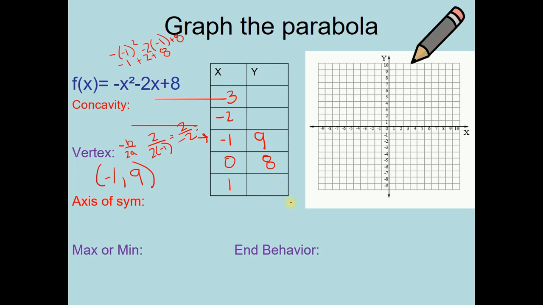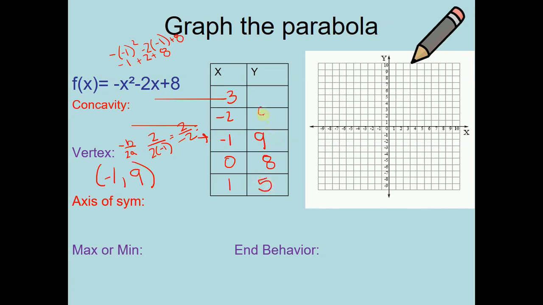1 is negative 1 minus 2 is negative 1 plus 7, or plus 8, that should be 7. Oh, hold on. Negative 1 minus 2 is negative 3. Oh, that's 5. I can't obviously add. That should be a 5 there.